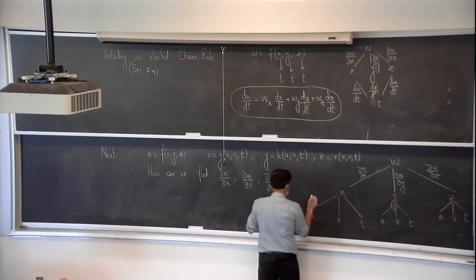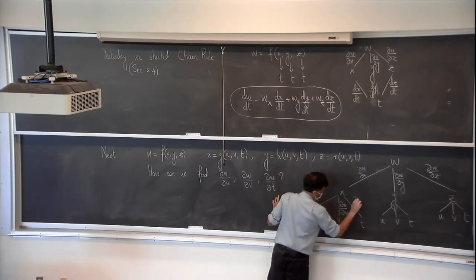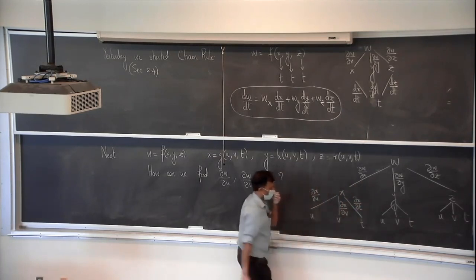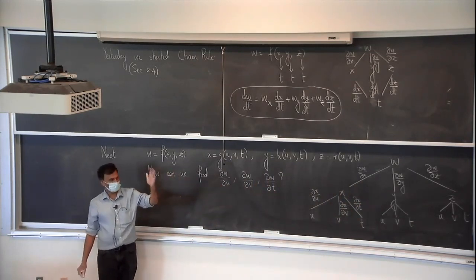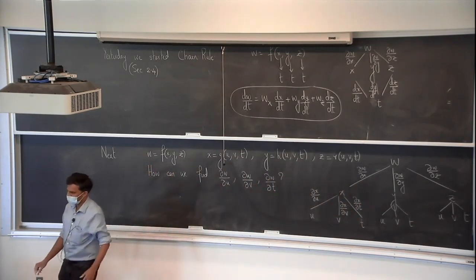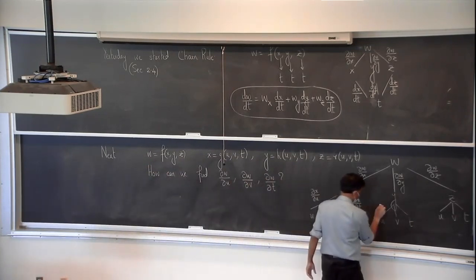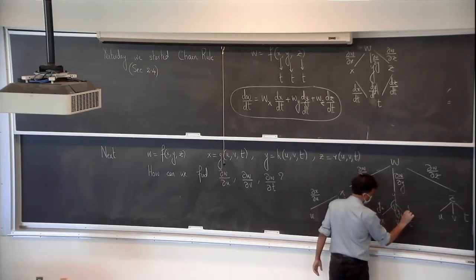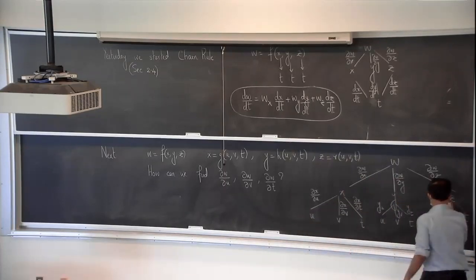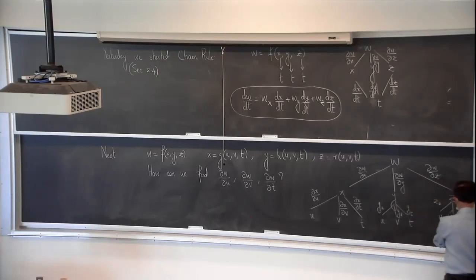So this is going to be X with respect to U, X with respect to V, and X with respect to T. And similarly, Y with respect to U, Y with respect to V, Y with respect to T, and the same for Z. So I'm going to write subscripts just to shorten my writing. Kind of running out of space here.